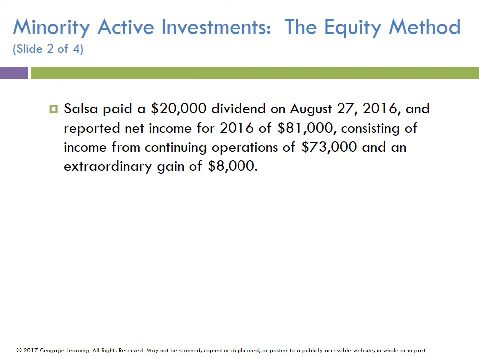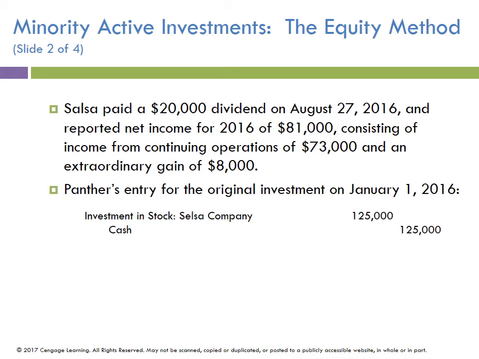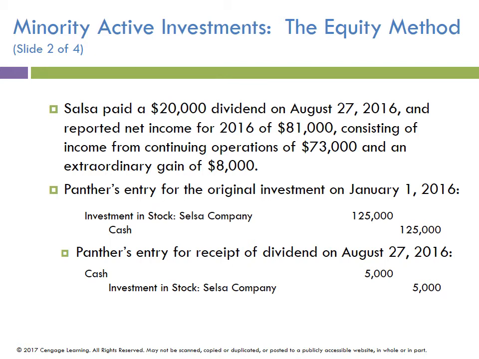Now, what else is happening? Salsa paid a $20,000 dividend in August, and they had reported net income of $81,000. The day that they pay for that investment, they will debit investment in stock, $125,000, and credit cash for the amount paid. Panther's entry for receipt of the dividend will be a debit to cash of $5,000.